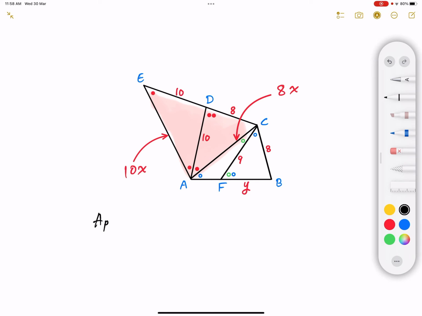Apply Stewart's theorem on the triangle AEC.